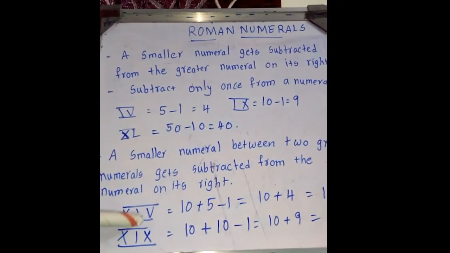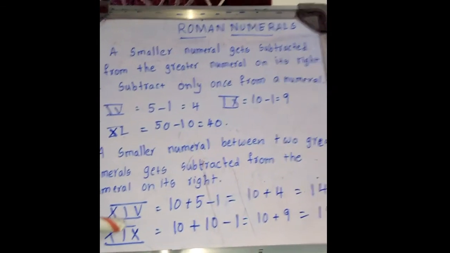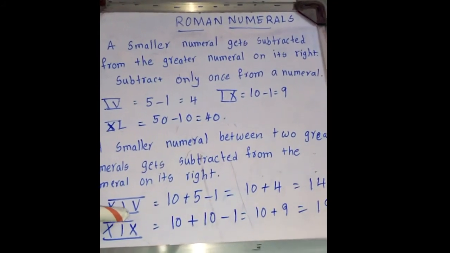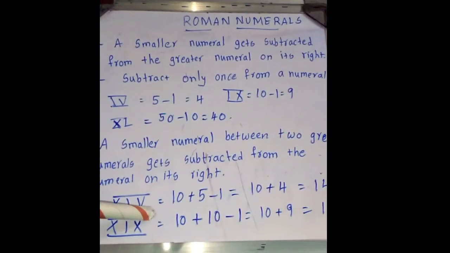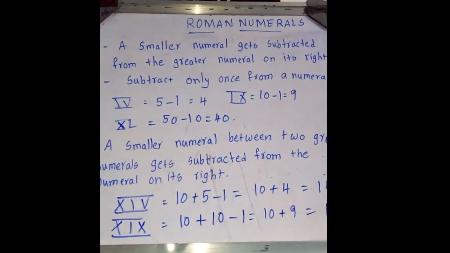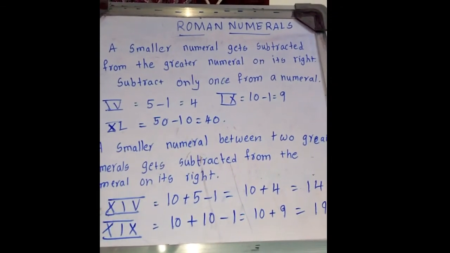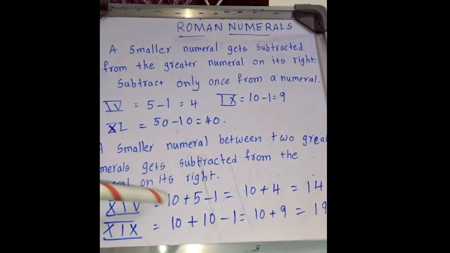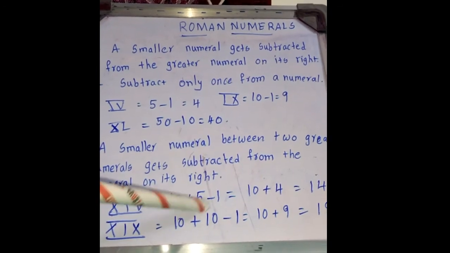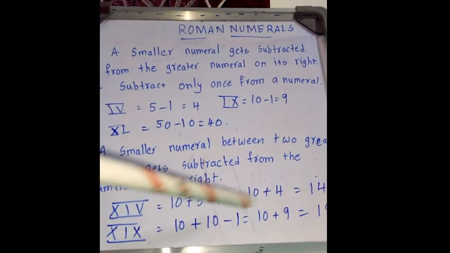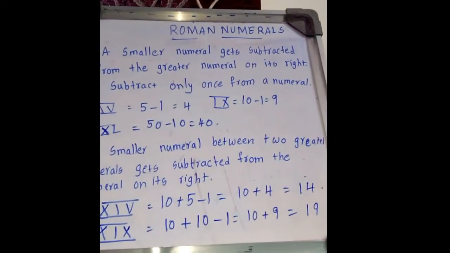This I will be subtracted from the numeral on its right side. X as 10 stays as it is, but here 5 minus 1. So 10 plus 4 is equal to 14.